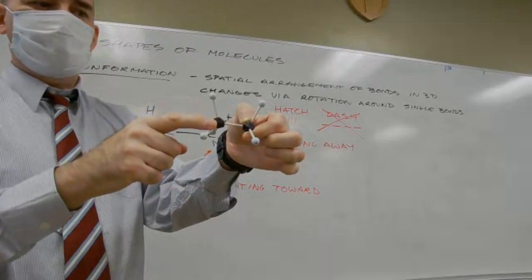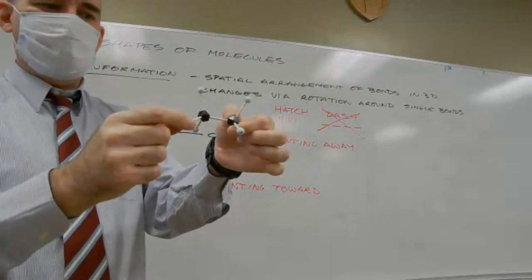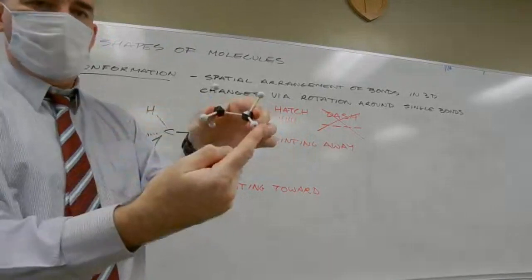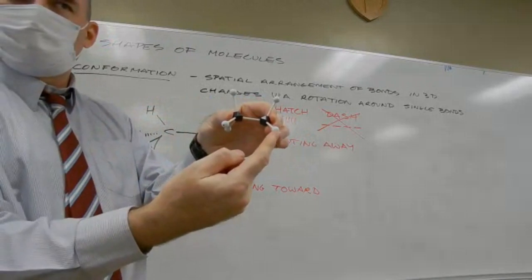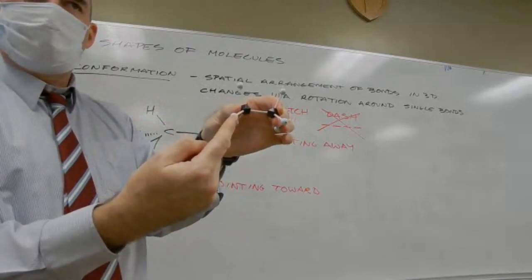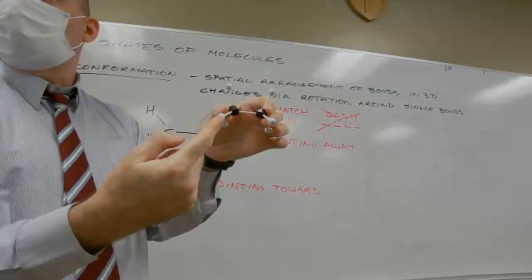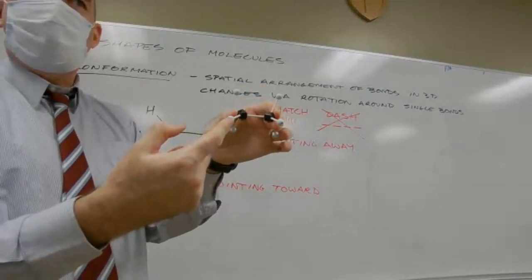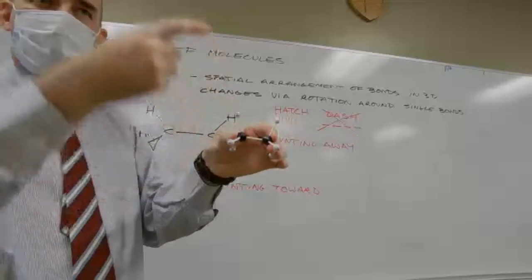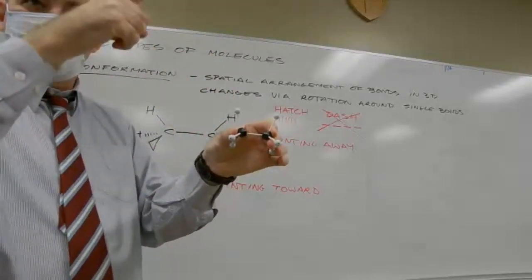something happens to the energy. And the thing that's happening to the energy is there are electrons here and there are electrons there. At the point where the electrons are closest to each other during any rotation, energy is going to be the highest.